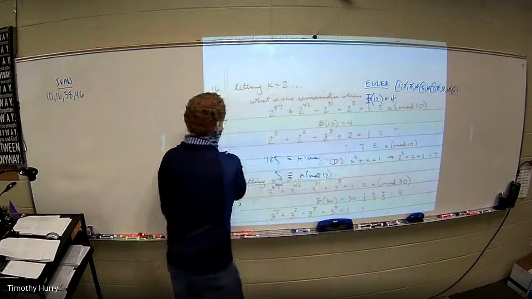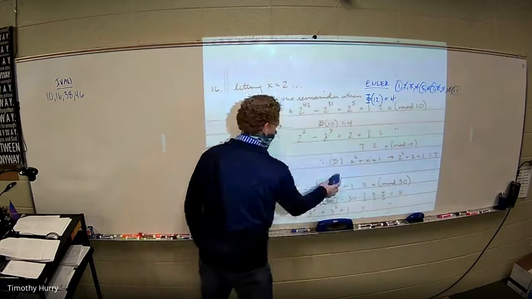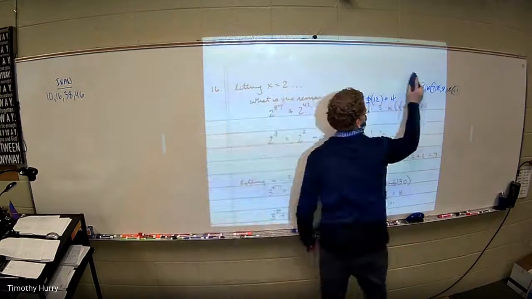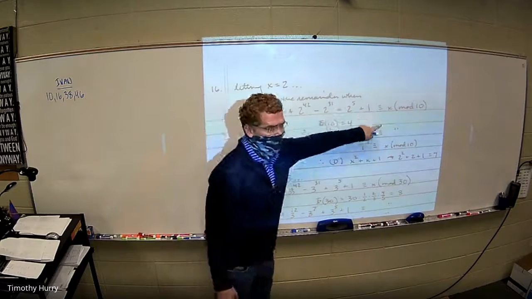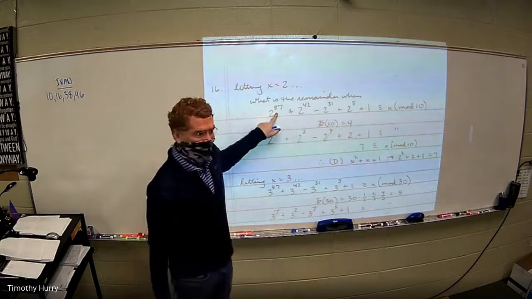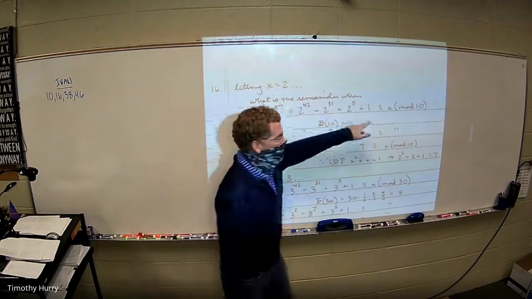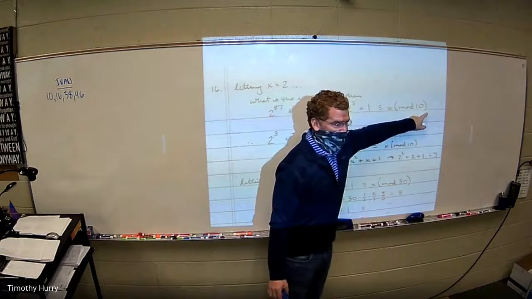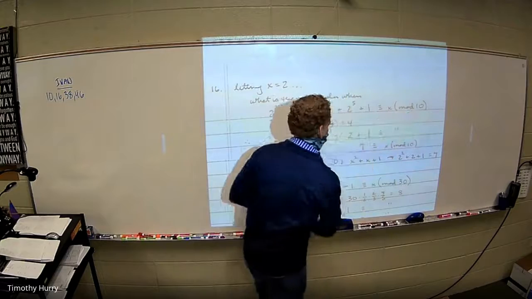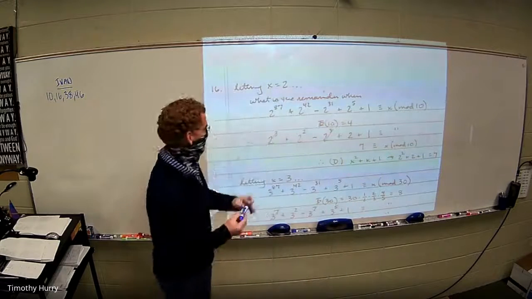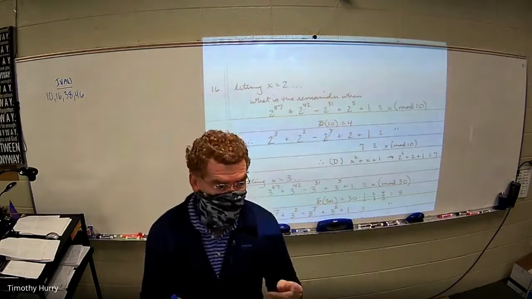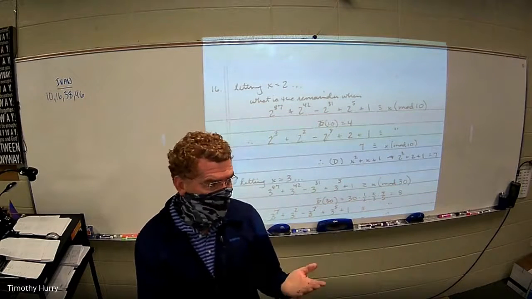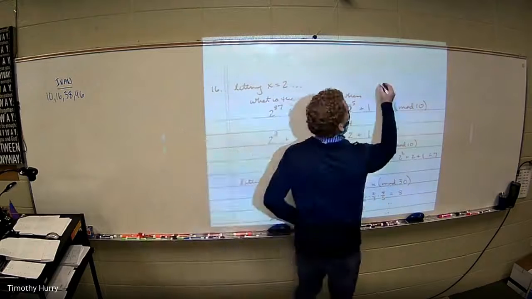The big polynomial, the one with x cubed, x to the 87, and x to the 42, was huge. I'm not going to add that or multiply that out. But I plugged it into the small one and got 10. So basically, I'm dividing this by 10. Well, what did we say we could divide any exponent by? The phi number. What's phi of 10?